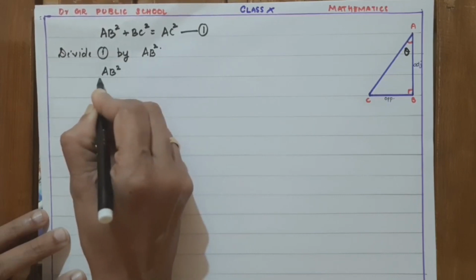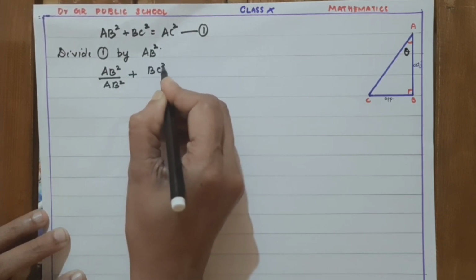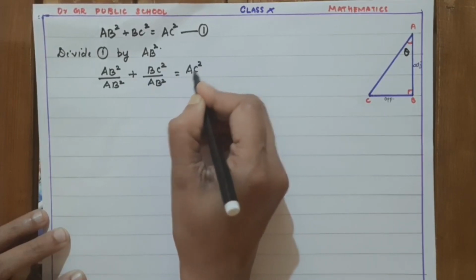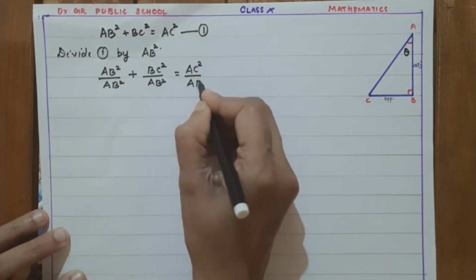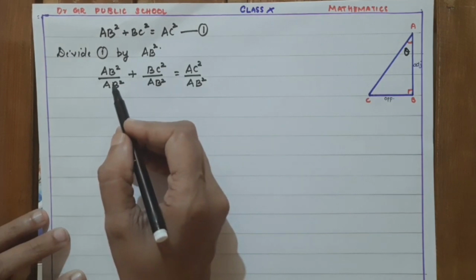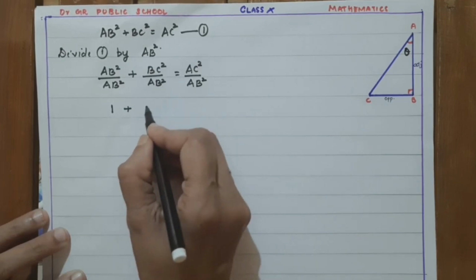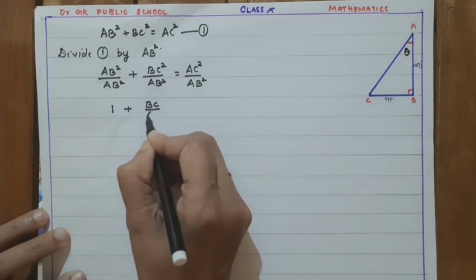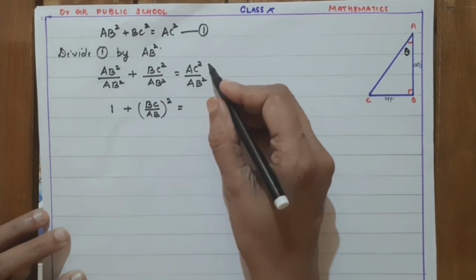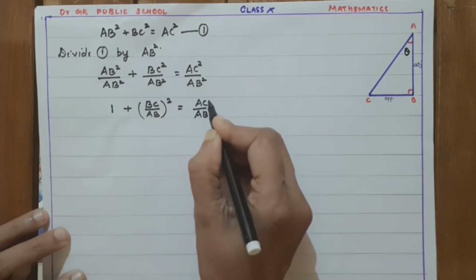AB square by AB square plus BC square by AB square equal to AC square by AB square. Okay. Now what is AB square by AB square? 1, isn't it? Plus BC square by AB square can be written as BC by AB the whole square, equal to AC square by AB square, which can be written as AC by AB the whole square.